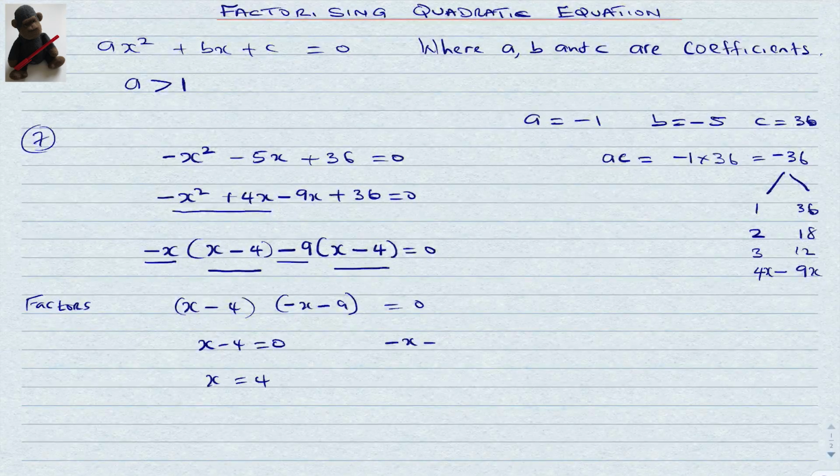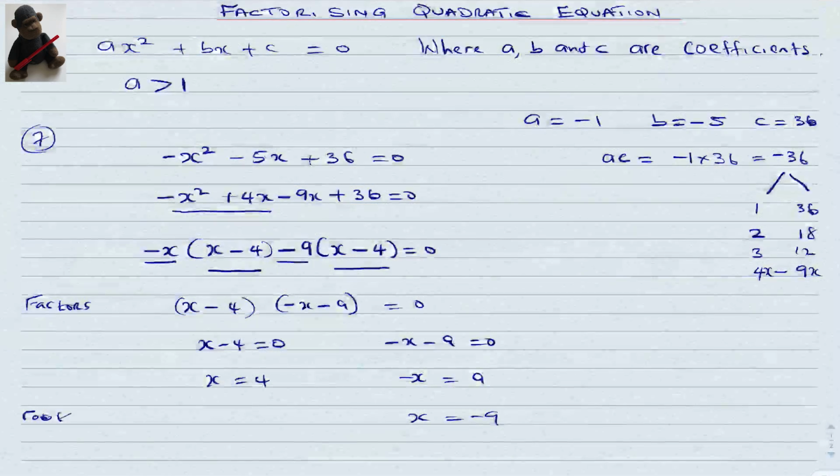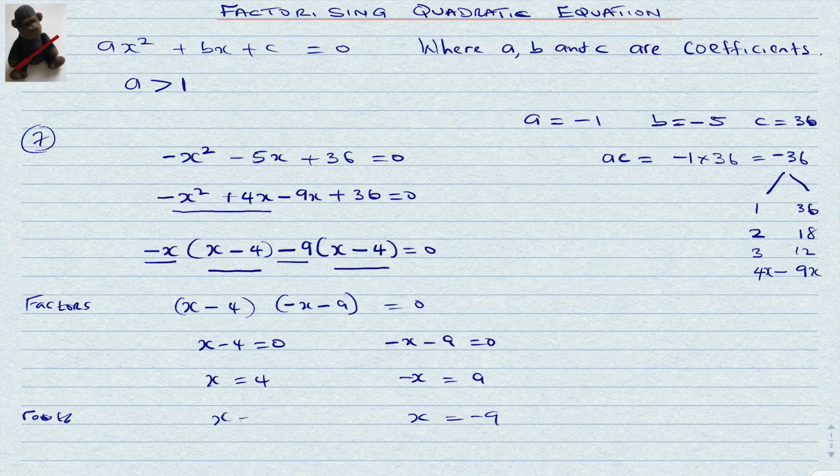Minus x minus 9 equal to 0, therefore minus x equals 9, and x equals minus 9. So the roots are x equals 4 and x equals minus 9. Crossing the y-axis at C, which is 36.